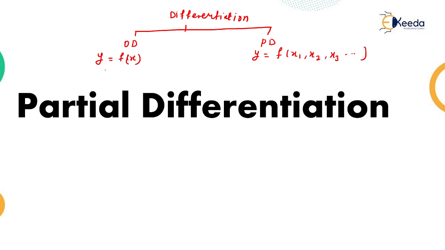That's why y is dependent and x is independent. In partial differentiation, y is a function of two or more independent variables. So y is the only dependent variable, and y depends on the values of x1, x2, x3 and so on up to xn. That is also a difference.